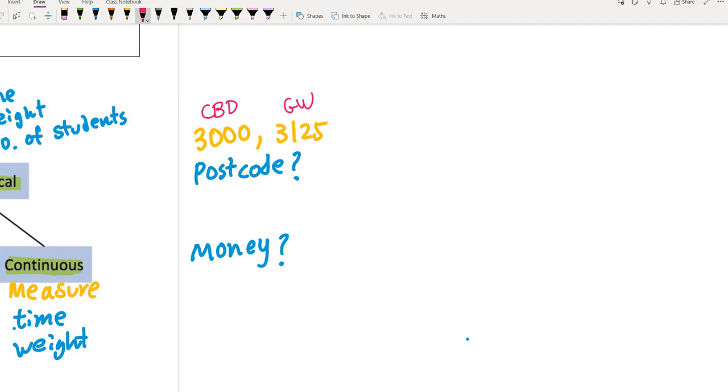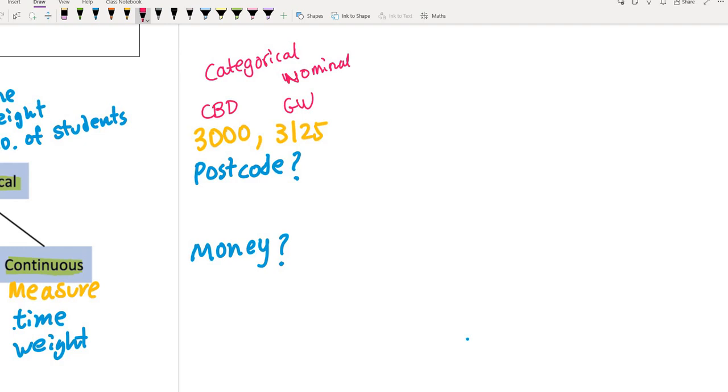So these are actually categorical data, even though they come in a number. So categorical, and they're not in particular order, like CBD, Glen Waverley, there's no order between them. So this is nominal.